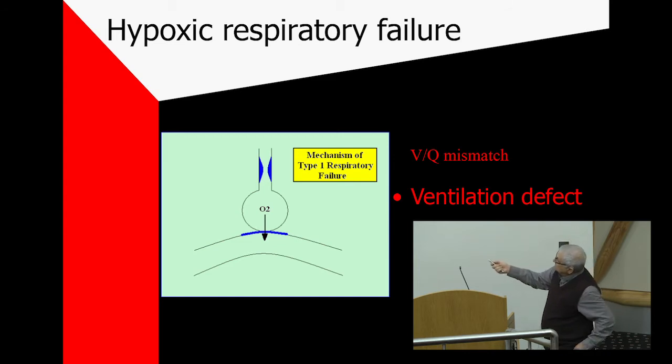What causes this is airway obstruction, or an alveolar problem such as interstitial lung disease with fibrosis. These are ventilation abnormalities. At the top is asthma and COPD, and at the bottom is fibrosis.